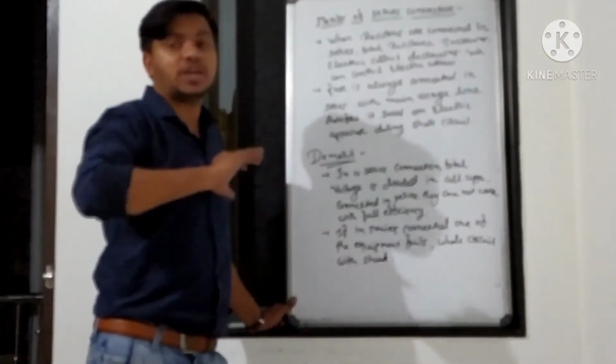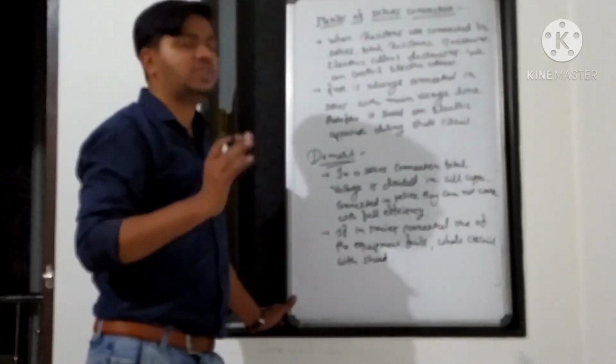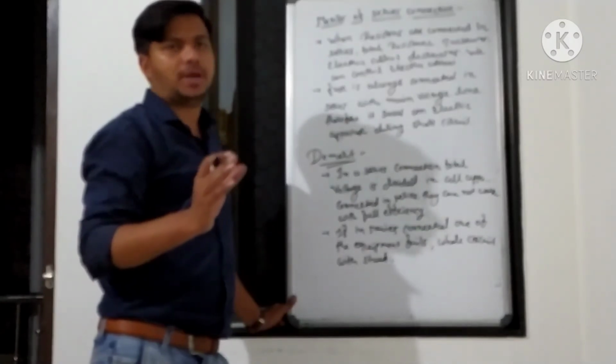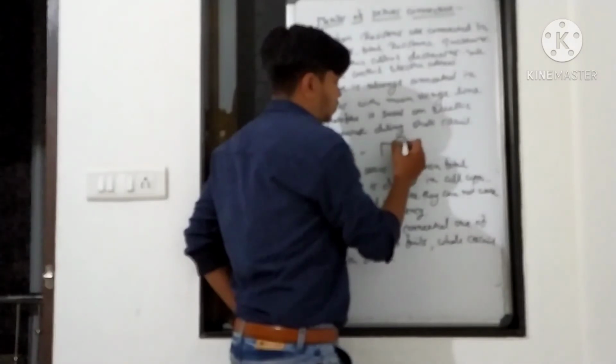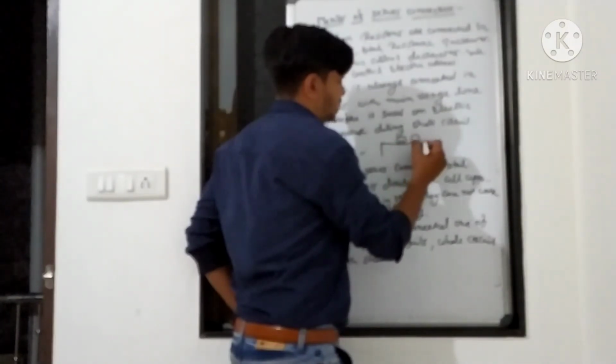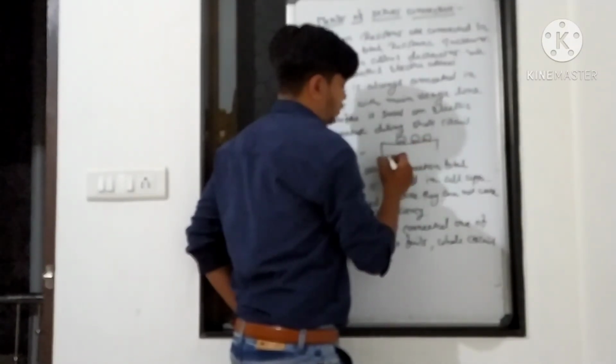Then the whole circuit will not work if one of the equipment fails, right? Like there are 3 bulbs connected in series like that, okay?